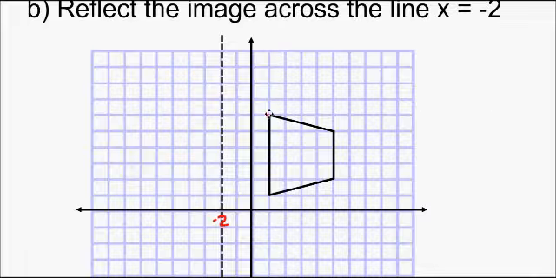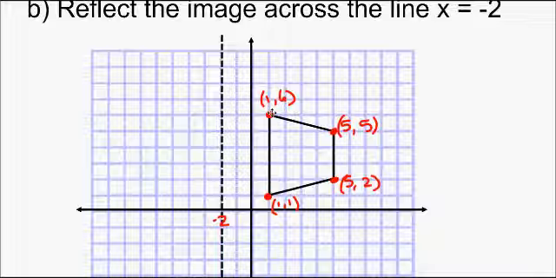Just like last time, I want to label my vertices, figure out where we are. So this is (1, 1), (1, 6), (5, 5), and (5, 2).